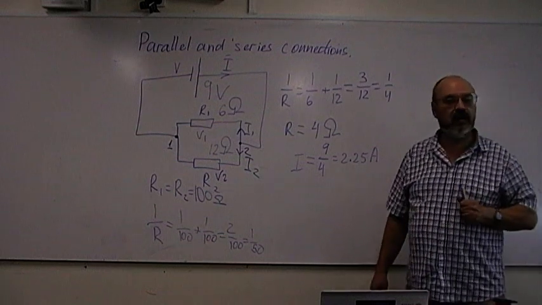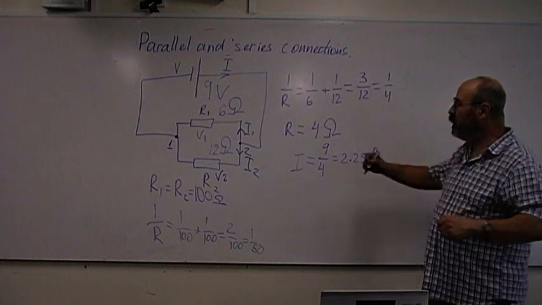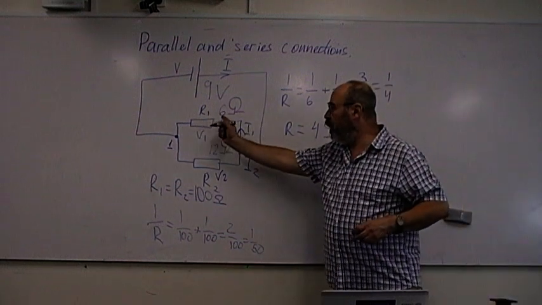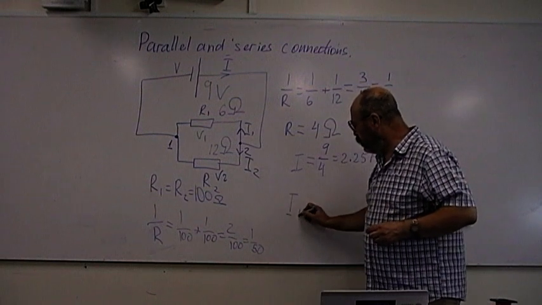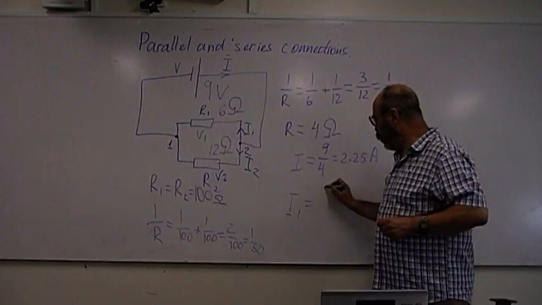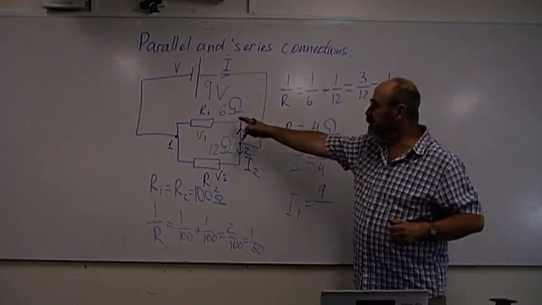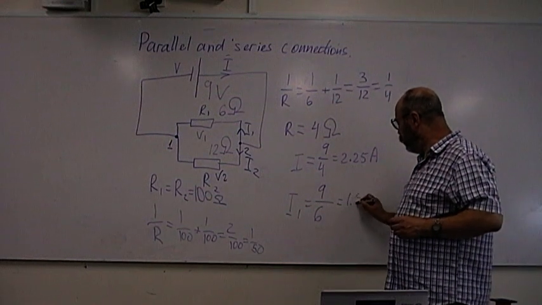The voltage across R1 is 9 volts, so I1 equals 9 volts over 6 ohms, which equals 1.5 amps.